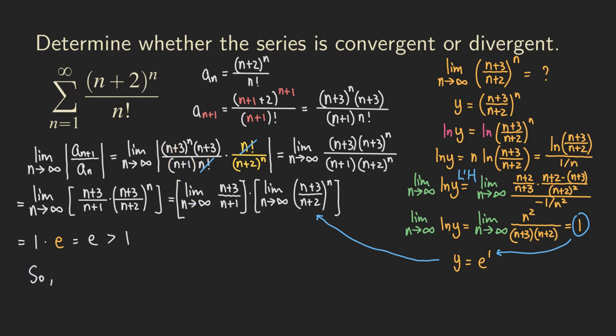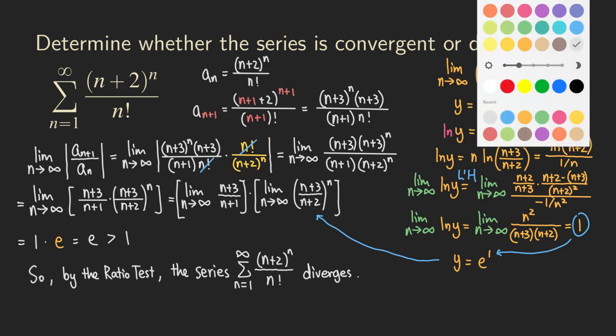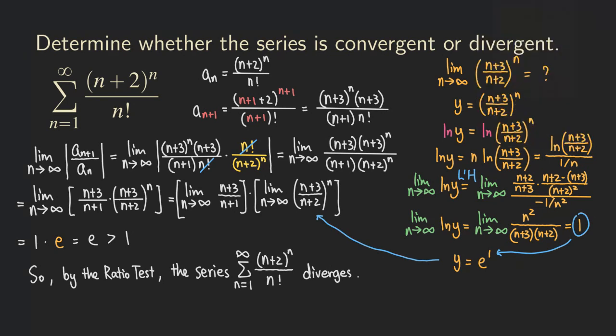So by the ratio test, the series (n plus 2) to the n over n factorial diverges. And so let me just highlight this final answer right here. Okay, so that's that.